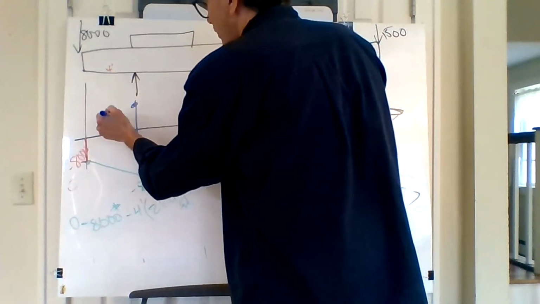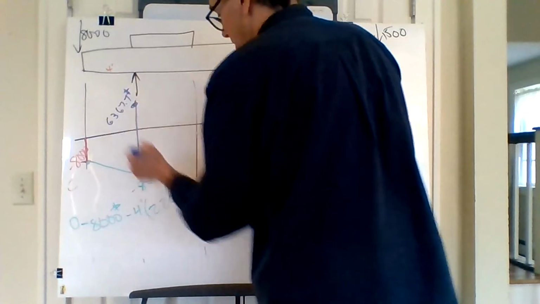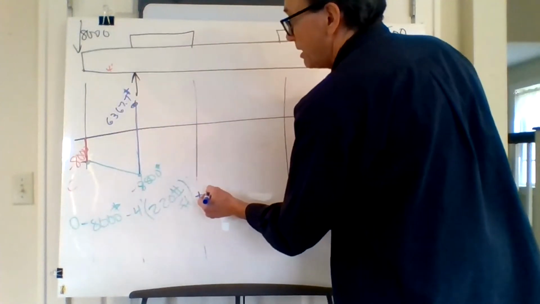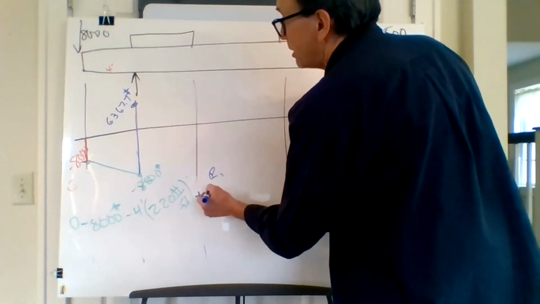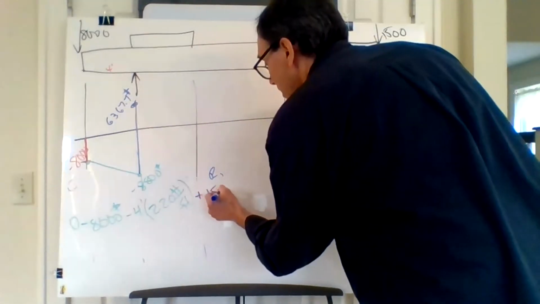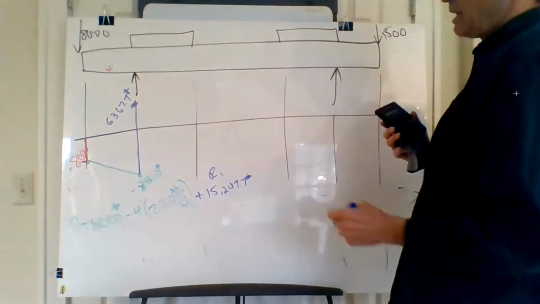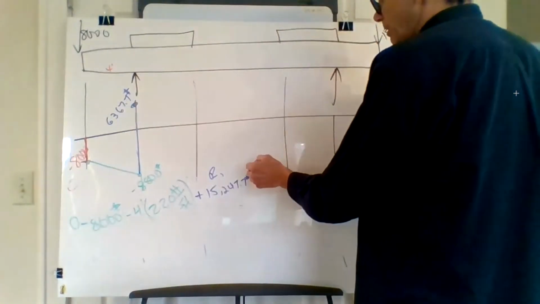So that's 67.7 pounds, right? So I added R1, which was 15,247, okay? And that's going to give me that value right there.